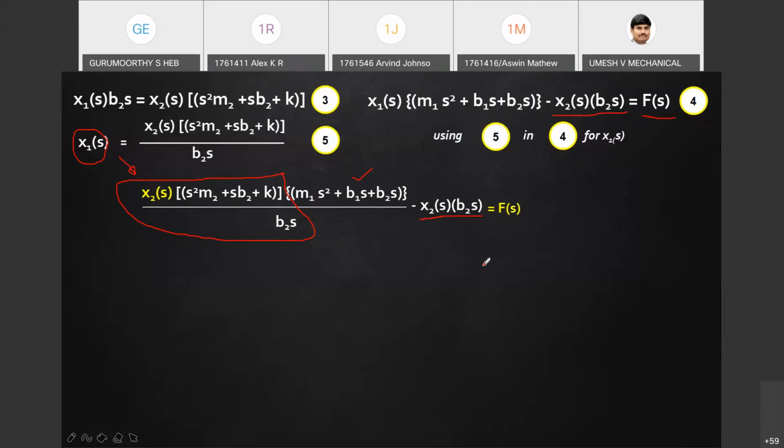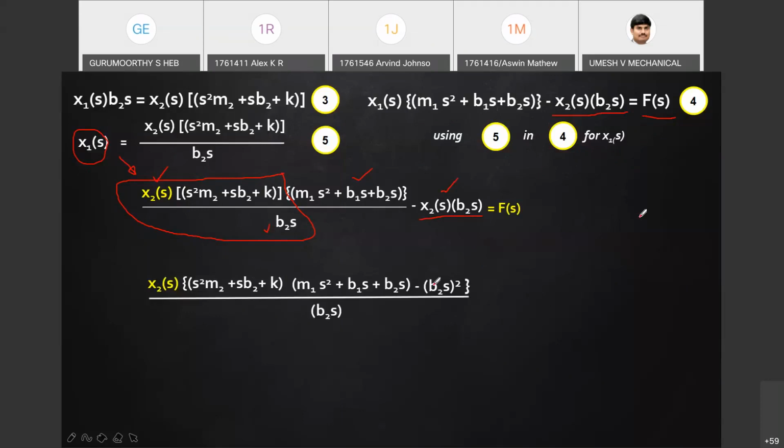Now you take that multiplied with x here, and it will become s B2 s. So now it must be equal to f of s.